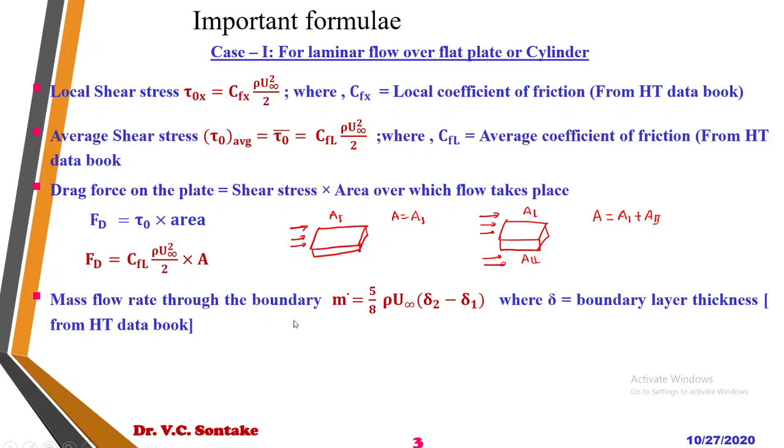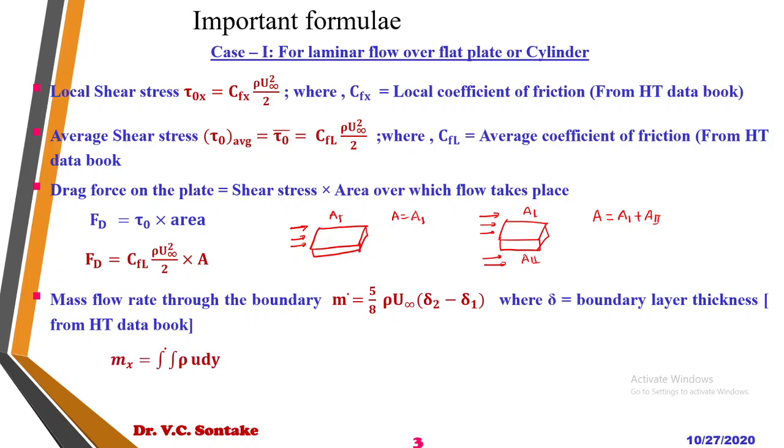Likewise, mass flow rate through the boundary, m dot is 5 by 8 into rho u infinity into delta 2 minus delta 1, where delta is called the boundary layer thickness, and the expression for that delta at a particular distance in the y direction can be obtained from the heat transfer data book.